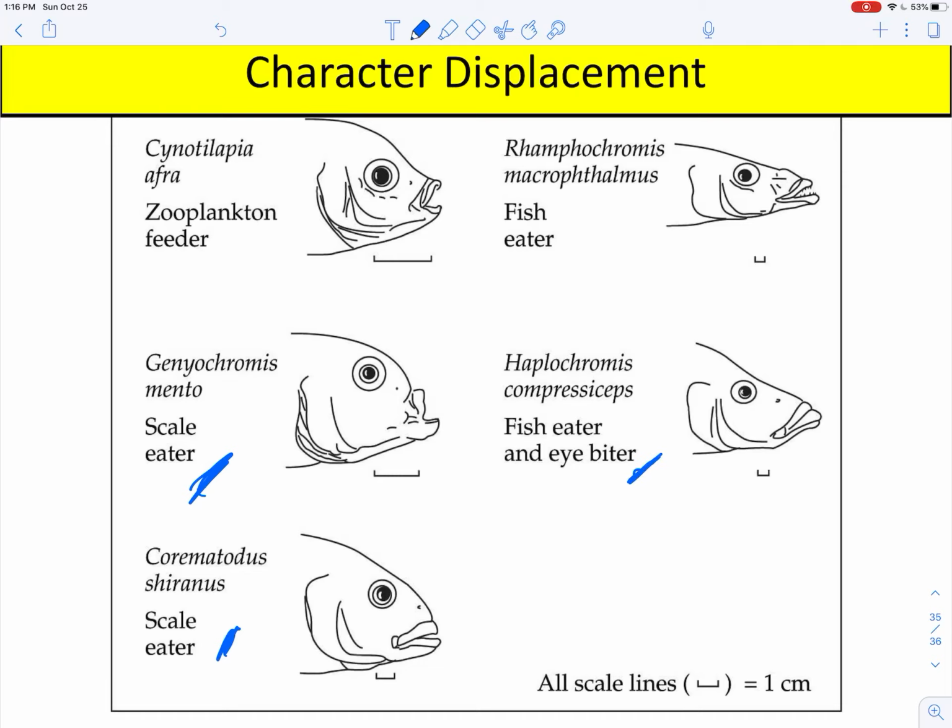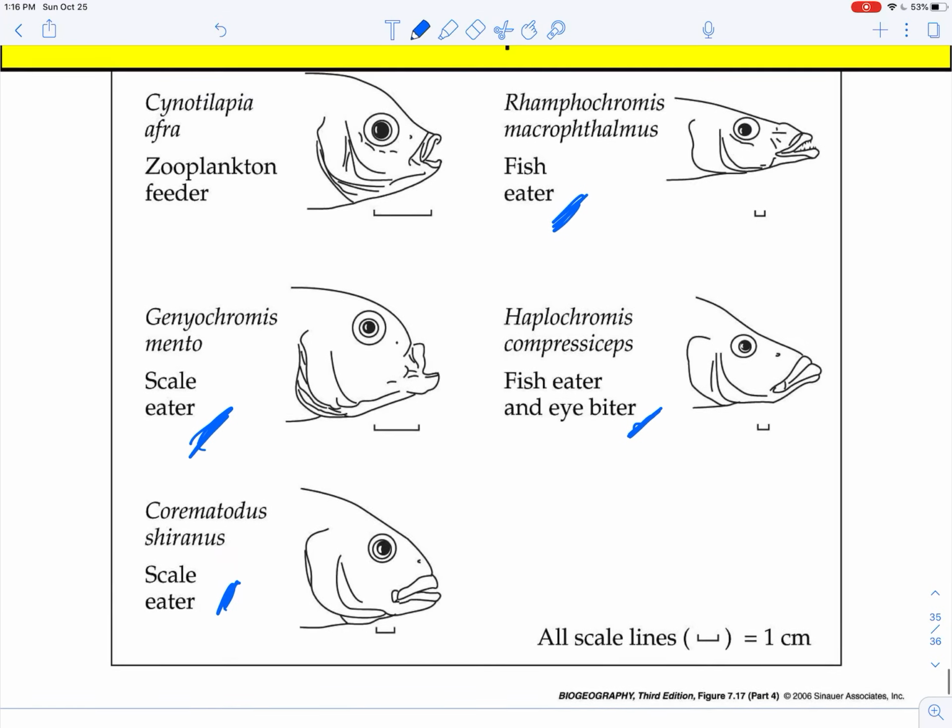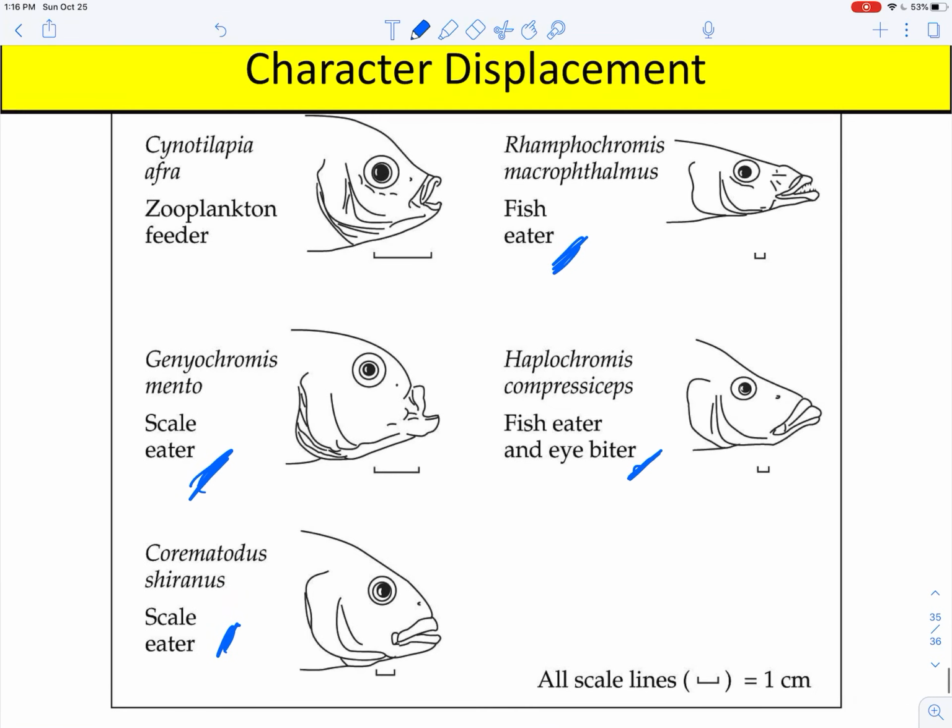We have some that even bite and eat the eyes of other fishes. Another piscivorous fish here, or fish eater. And the point here is that they likely all stemmed from a common ancestor back in evolutionary history. In order to coexist, they went through resource partitioning, and ultimately, with evolutionary time, character displacement. So with that, that ends our lecture on competition.